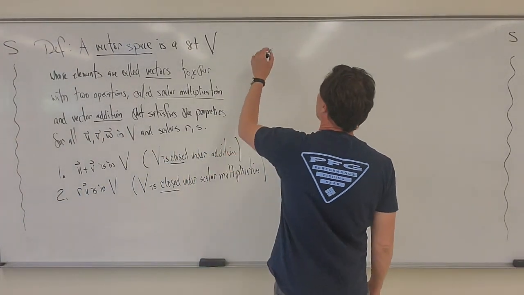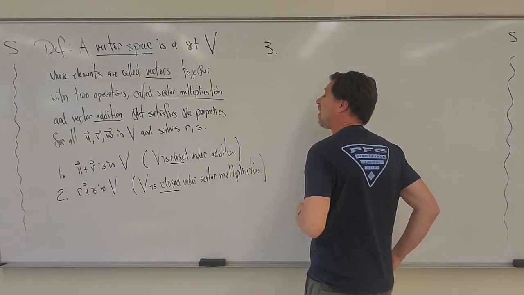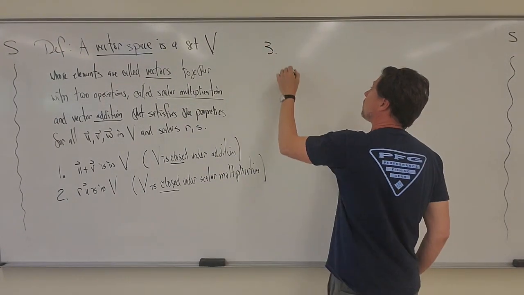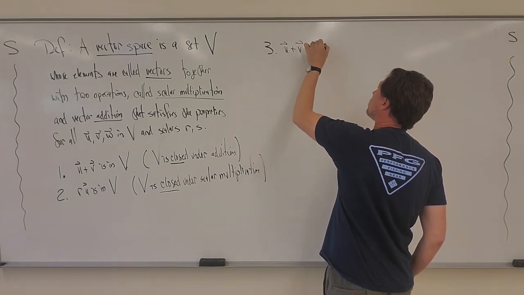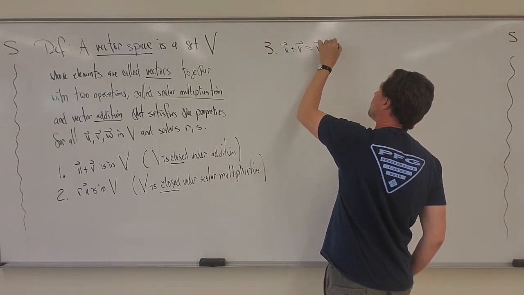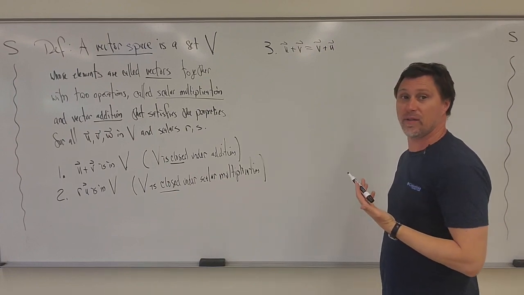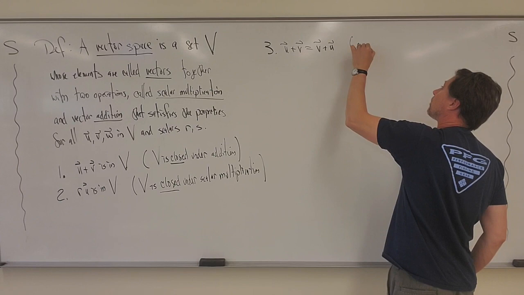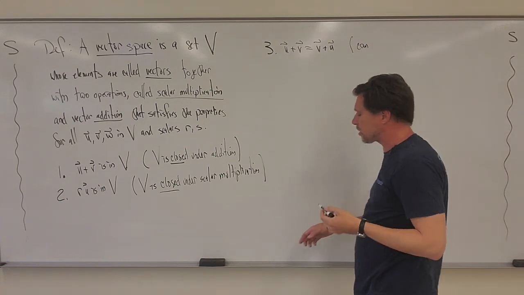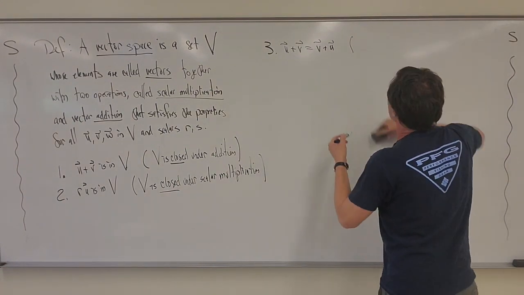The next property, commutativity. So u plus v is equal to v plus u. It does not matter what order you add vectors, you'll get the same result. So this is commutativity. Or let's just say addition is commutative.